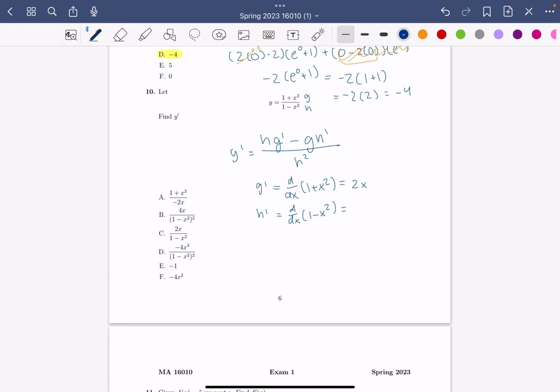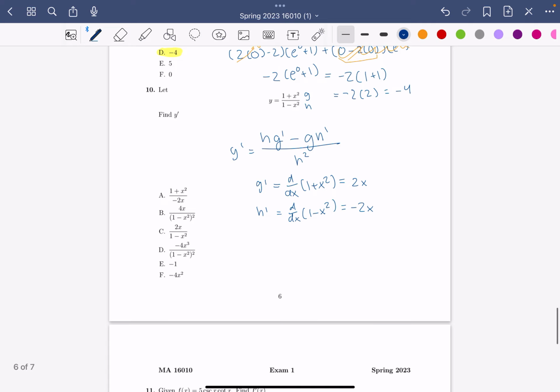The derivative of 1 is 0, and the derivative of negative x squared is negative 2x. And we're going to plug it all in. So h is 1 minus x squared, times negative 2x, minus g, which is 1 plus x squared, times h prime, which is negative 2x.